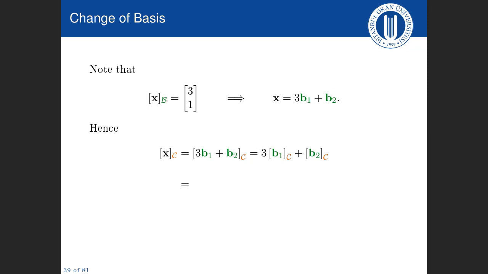And what we want to calculate is the coordinates for x relative to the basis C. In other words, we want the coordinates of 3b1 plus b2 relative to the basis C. But everything is linear. This is a course about linear algebra. So that's the same as 3 times the coordinates of b1 relative to C plus the coordinates for b2 relative to C.